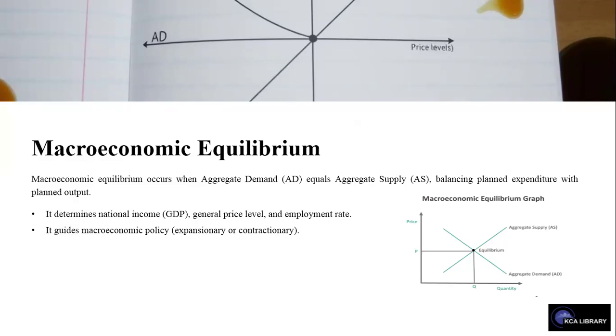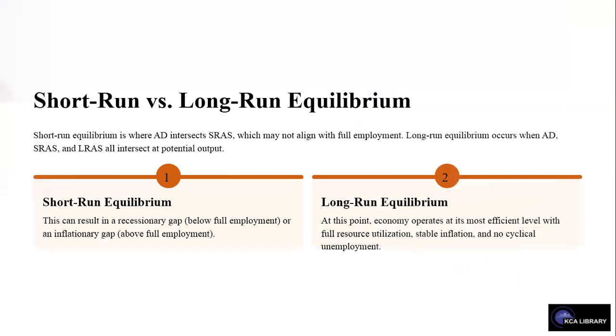And this determines the national income, the GDP, the general price level, and the employment rate. Also, it guides macroeconomic policy in terms of the expansionary and contractionary parts. And we also have the short-run and the long-run equilibrium.